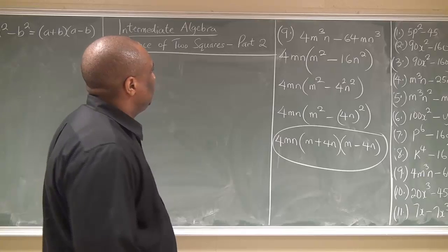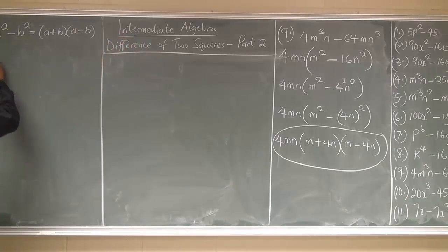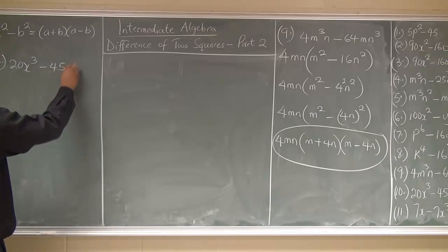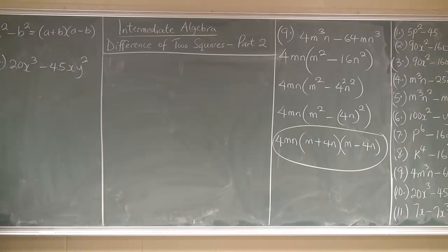Now question 10. We're coming to the end. 20x cubed minus 45xy squared. What is the GCF here? The GCF should be 5x, because for the 20 and 45 it should be 5, then x cubed and x should be x, and there's no y here.